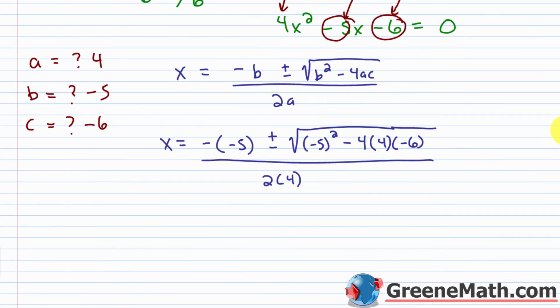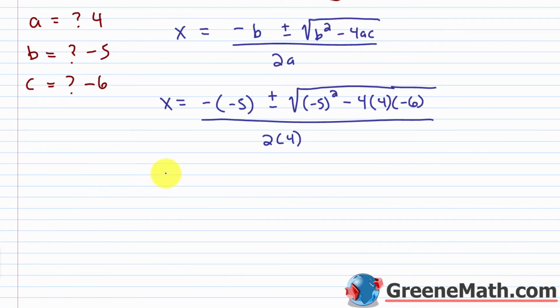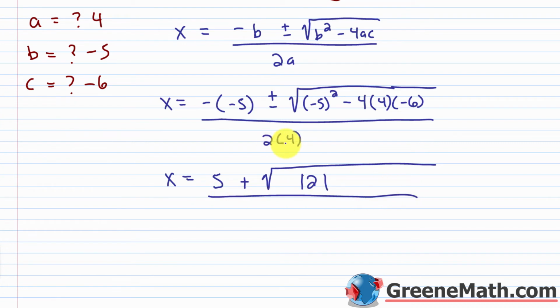All right, so this is the first scenario. So then x is equal to, the negative of negative 5 is 5, plus the square root of negative 5 squared is 25, minus 4 times 4 is 16. 16 times negative 6 is negative 96. So you'd have minus negative 96 or plus 96. So if I add these two together, I'm going to get 121. Then this is over 2 times 4, which is 8.